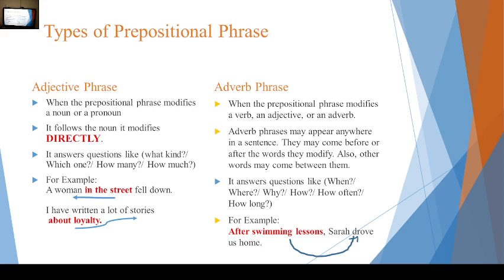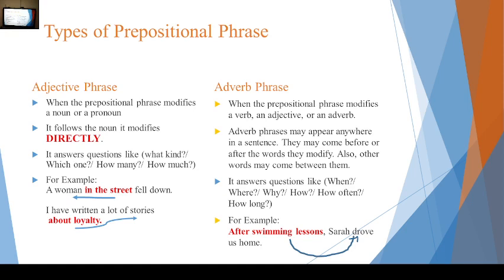It answers questions like what kind, which one, how many, how much, okay? So when you ask these questions and the prepositional phrase answers these questions, it is an adjective phrase. So for example, let's see. "A woman in the street fell down." So here we have this prepositional phrase, in the street. Is it an adjective phrase or an adverb phrase?